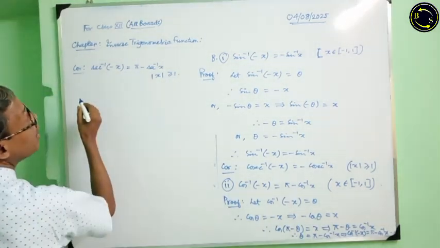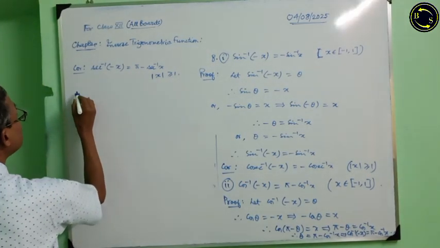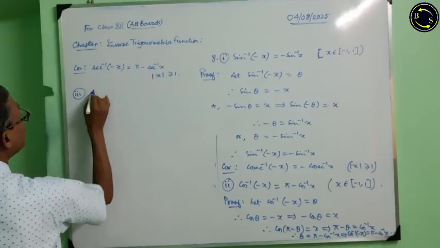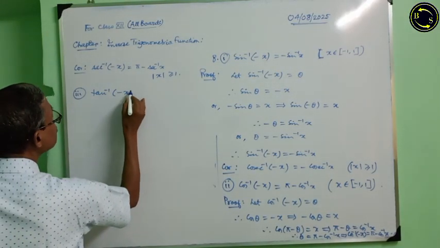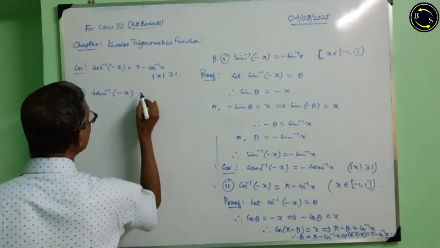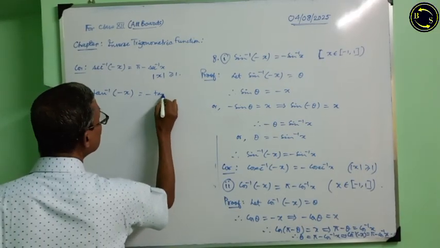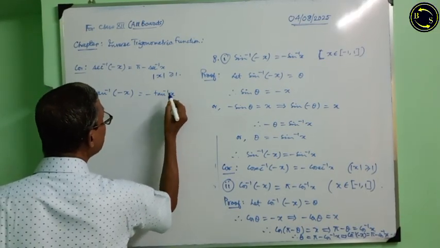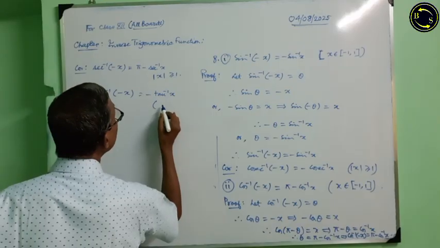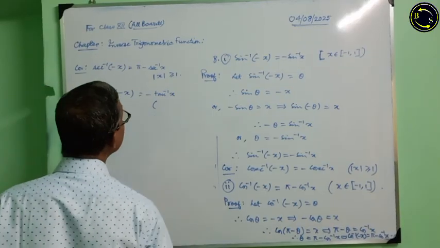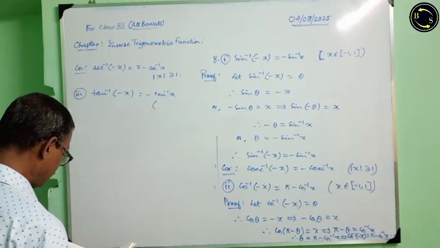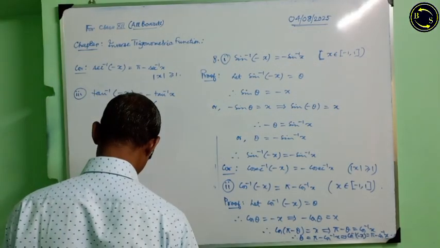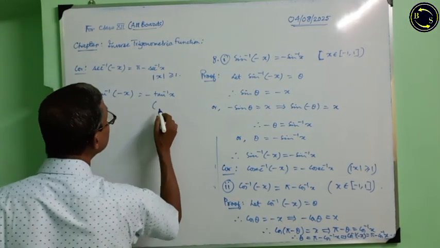Next, number 3, tan inverse of minus x, that is equal to minus tan inverse x. Here x is any real number.